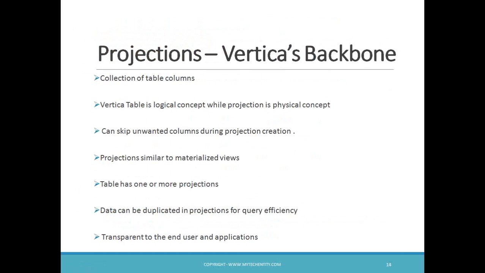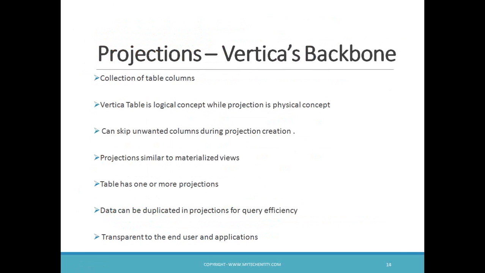So a projection is basically for data. Whenever we are selecting data, it usually comes from the projection. Even in the Vertica explain plan, you can see which projection you are getting the data from, and it is the responsibility of the execution engine or the optimizer to pick whatever the best projection is. There may be one or more projections per table. Projections are similar to materialized views.